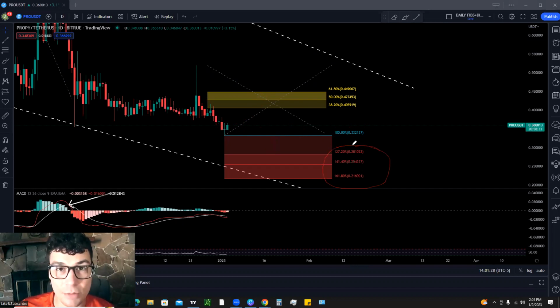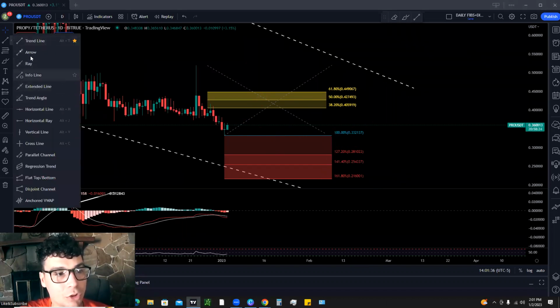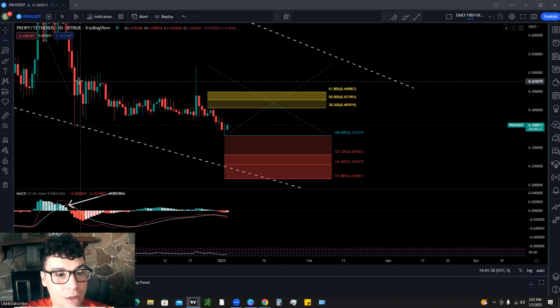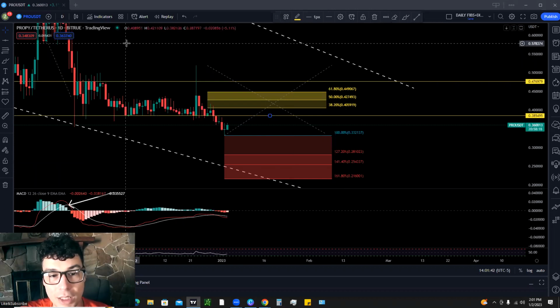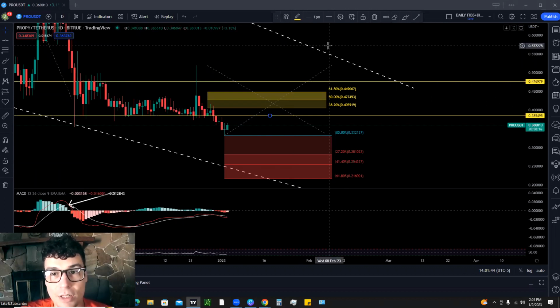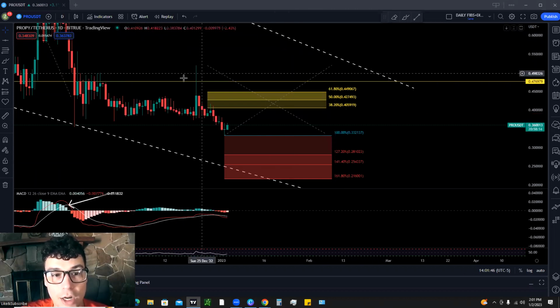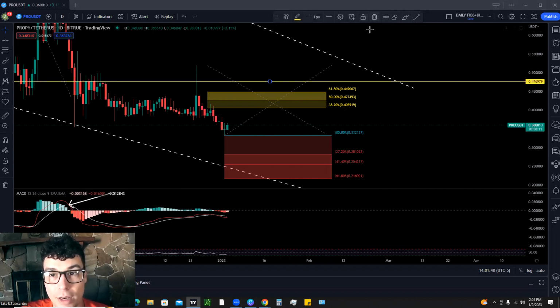The reason I use the fib so much, and rather than drawing my own support and resistance lines, right? And rather than, for instance, me coming in here and just drawing my own lines, like let's say like this, like, okay, here's resistance, here's support. Rather than doing this, the reason I use the fibs is because about 70% of trading is done by algorithms, right? By algos.